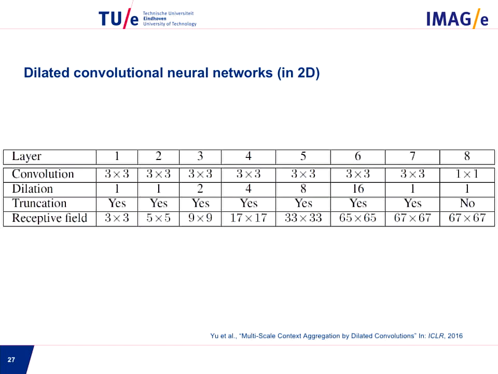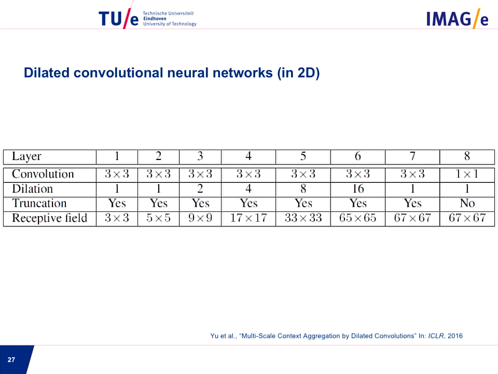So the full network that the authors propose in this paper consists of first a few normal convolutions and then an increasing dilation factor, so that in the end the output has a receptive field of 67 by 67 in the original image.